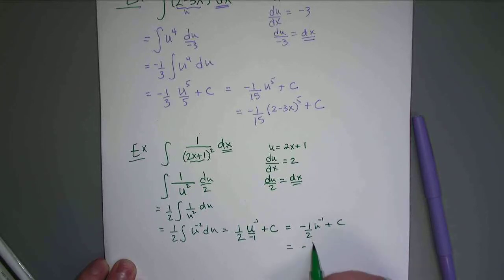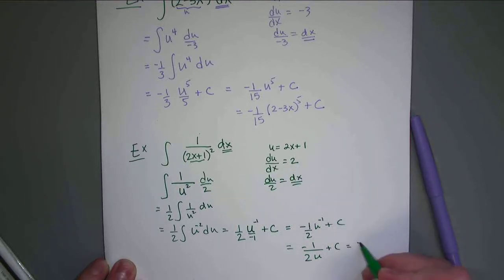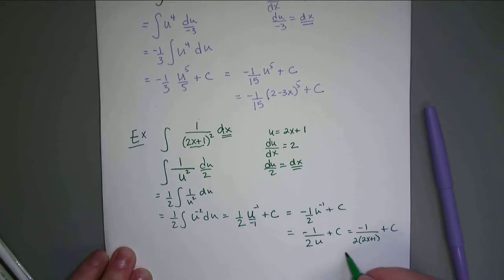So this is minus 1 over 2u plus c, and u is 2x plus 1. So minus 1 over 2 times 2x plus 1, plus c. And of course you could multiply this out, 4x plus 2 if you wanted to, but not necessary. There it is.